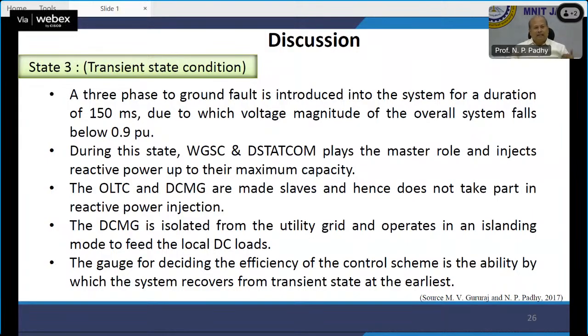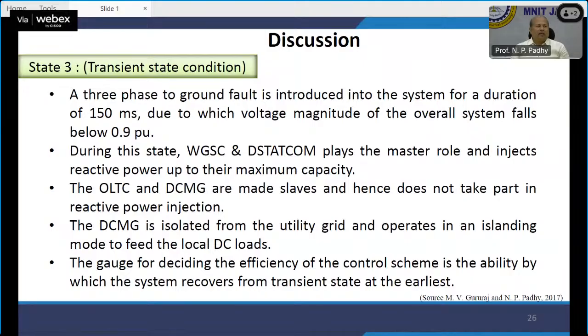In the transient state, the fast acting wind grid converter and these STATCOMs are made masters. The other slow devices are made slaves. The DC microgrid is isolated from the utility grid and operates in an islanded mode to feed the local DC grid.